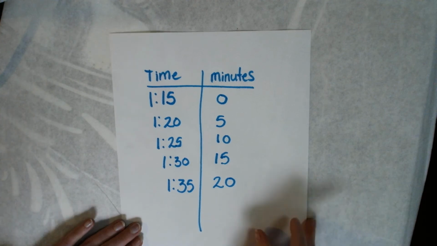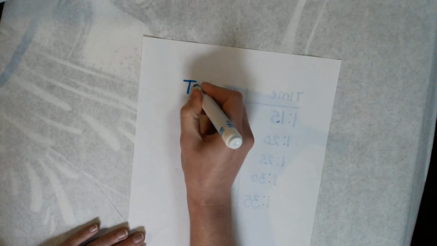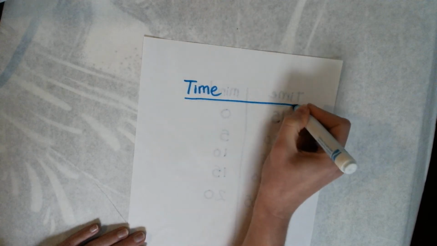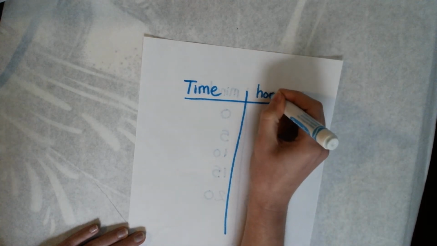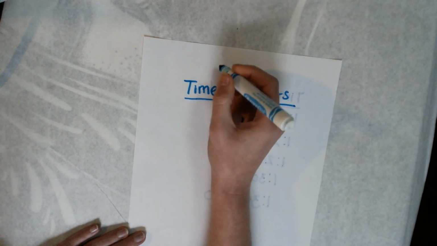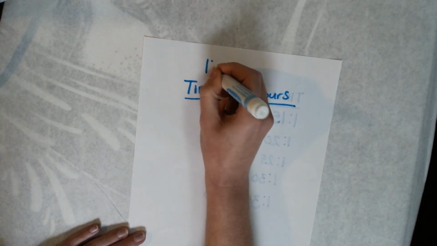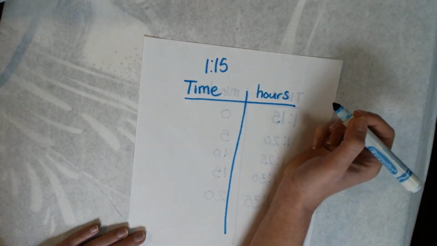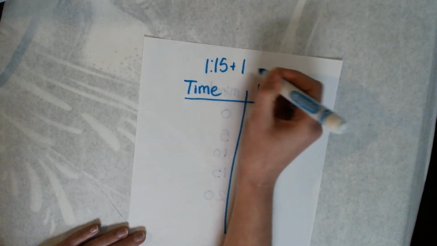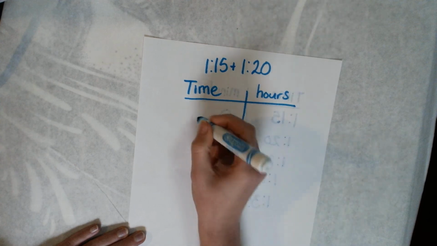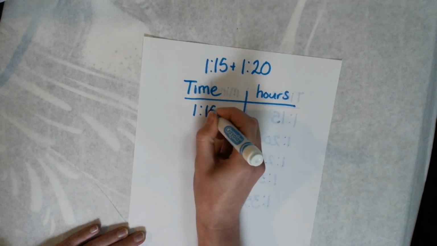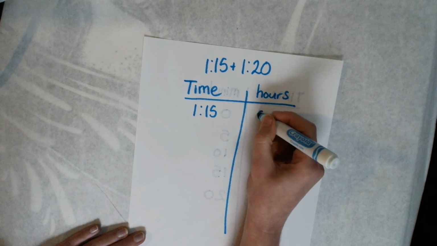So we can see it in our T-chart, and we can see it by moving the hands on our clock. But now let's say that you did something longer. So let's say that we have our time, and then we're also going to work for our hours. If we started at 1:15, but you worked for 1 hour and 20 minutes, we would first start 1:15, and at that time, no hours have passed.